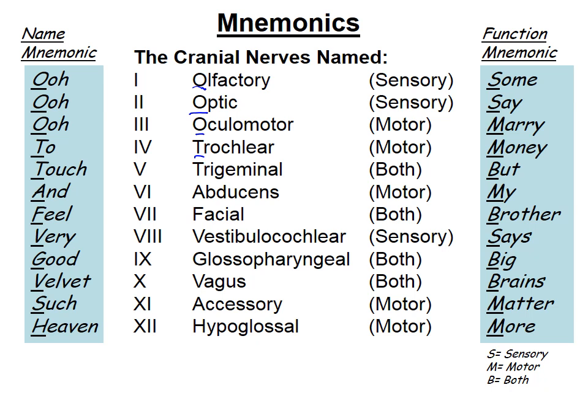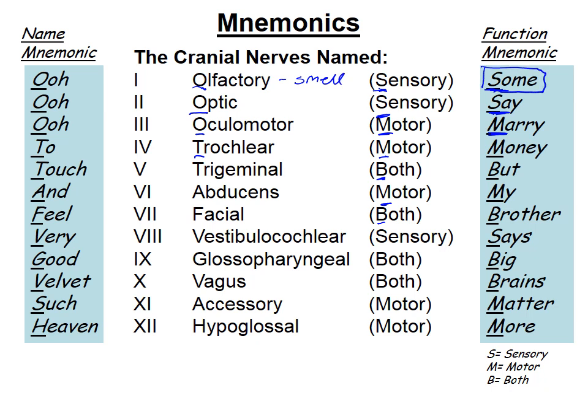To the right, we have a mnemonic that gives you the generalized function. Some say marry money, but my brother says big brains matter more. And so the first letter of that mnemonic corresponds to the general function of each of those nerves. So in the case of the olfactory nerve, this is involved in smell, so this is special sensory.